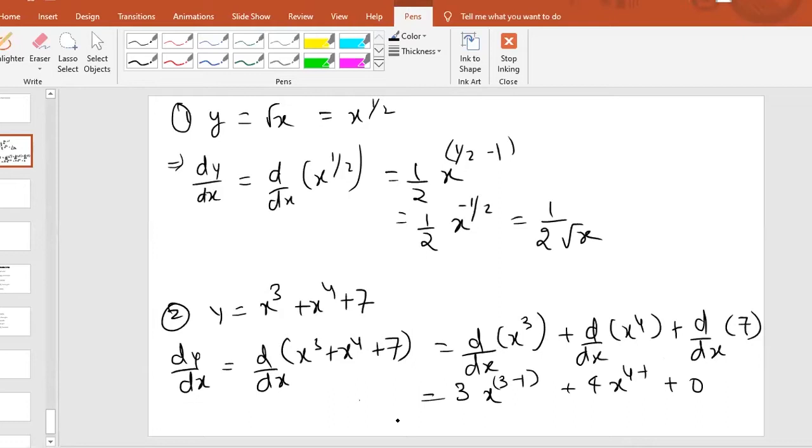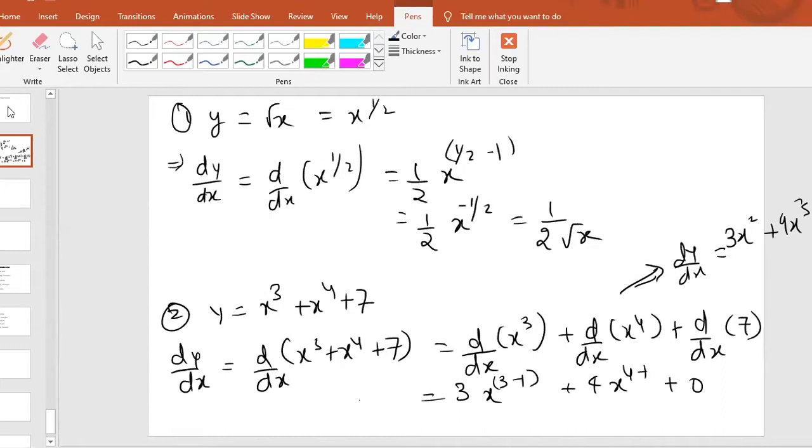So the answer for this particular problem will be dy by dx equal to 3x square plus 4x cube plus 0. Okay, that is the answer.